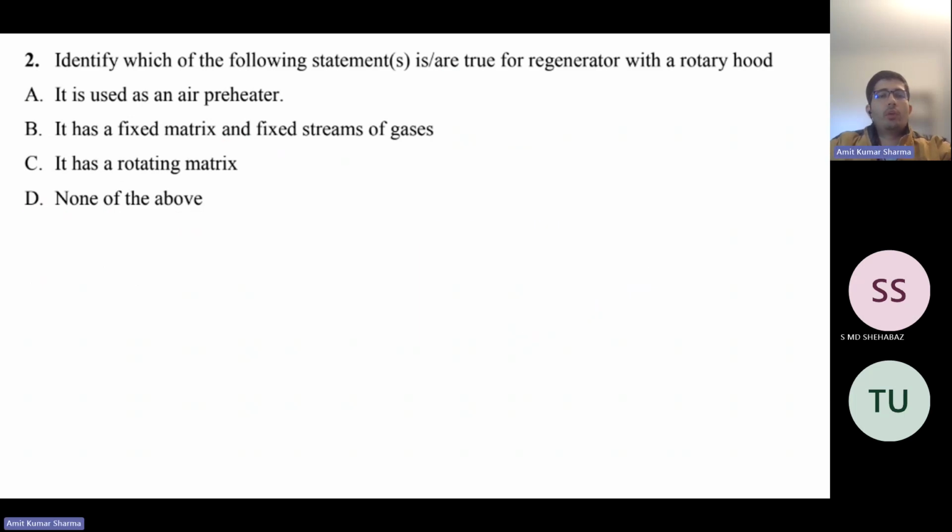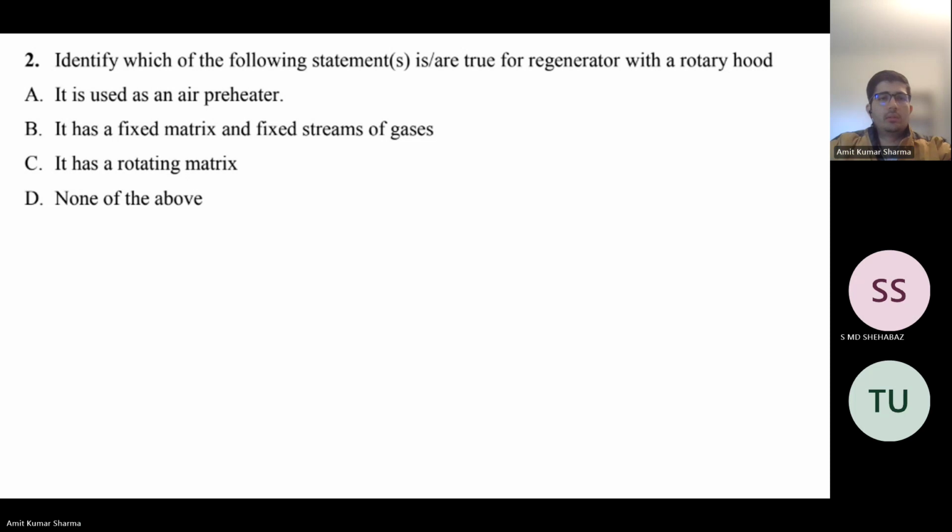Identify which of the following statements is or are true for a regenerator with a rotary hood. We have four options. A, it is used as an air preheater. B, it has a fixed matrix and fixed streams of gases. C, it has a rotating matrix.